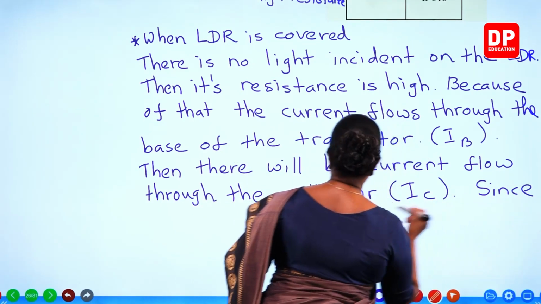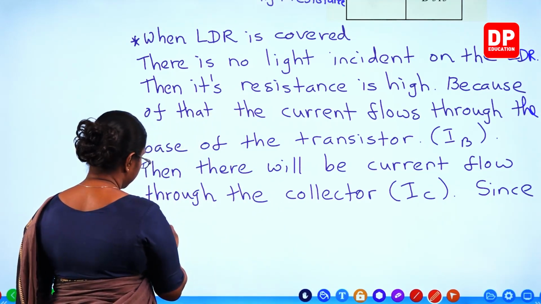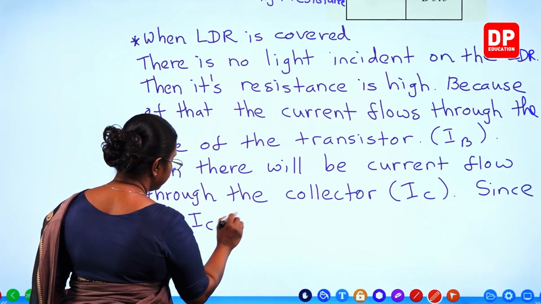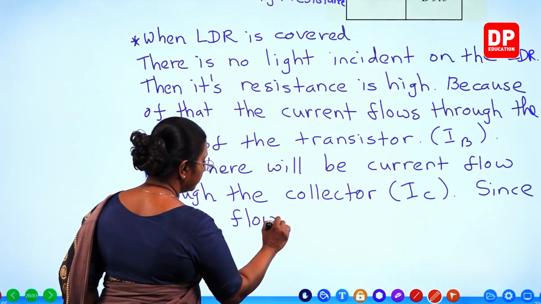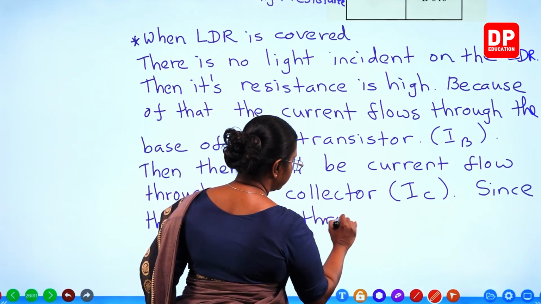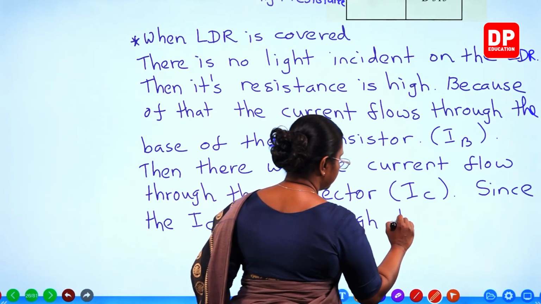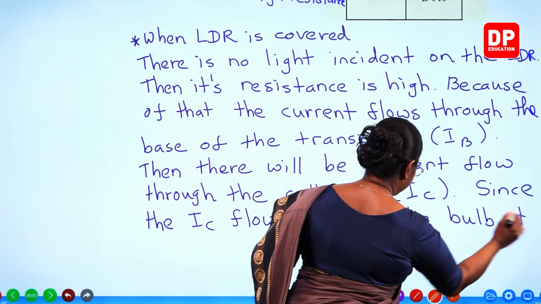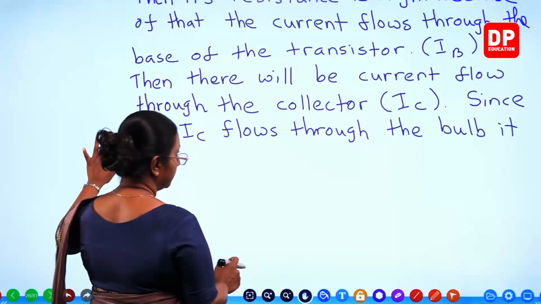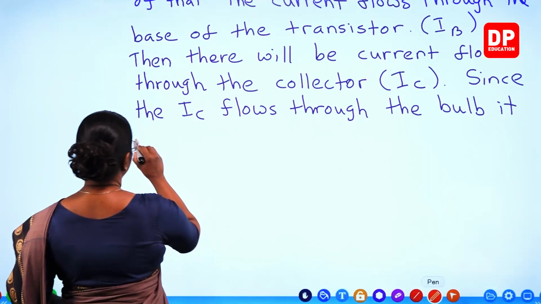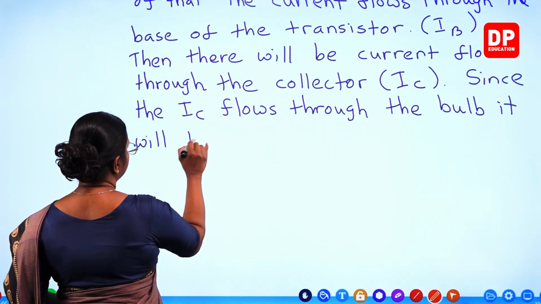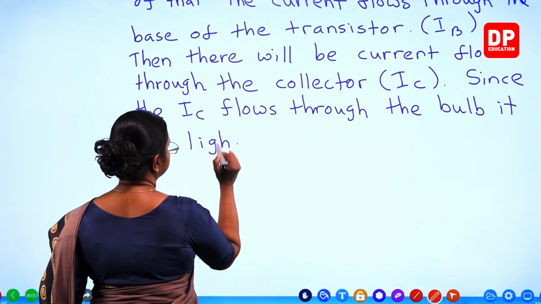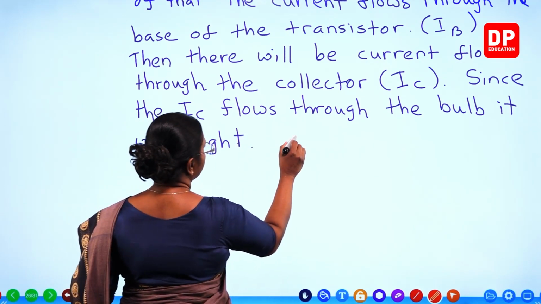Since the IC flows through the bulb, it will light.